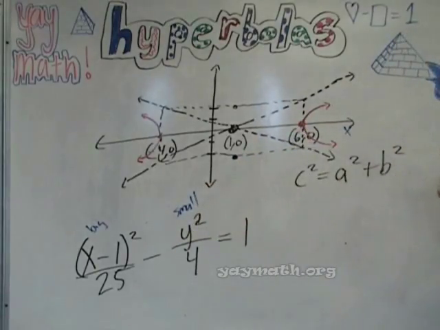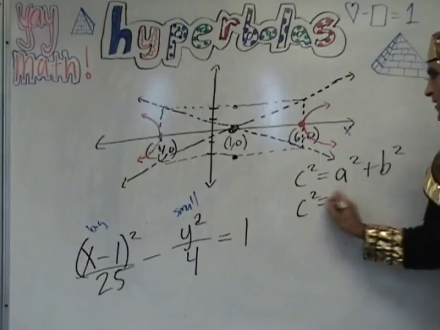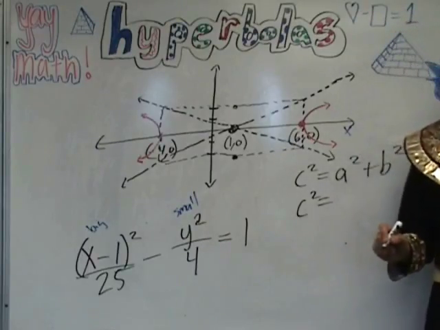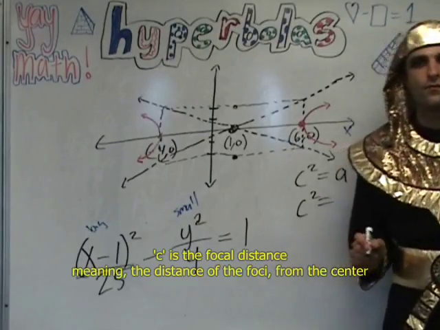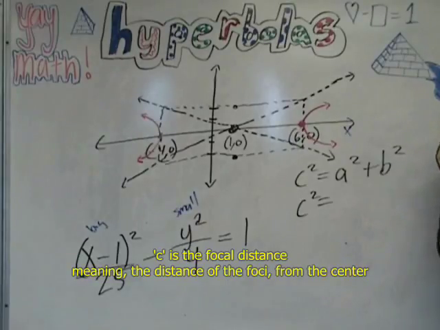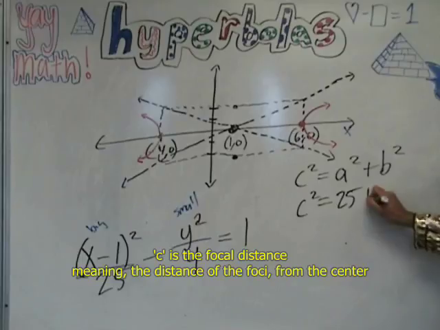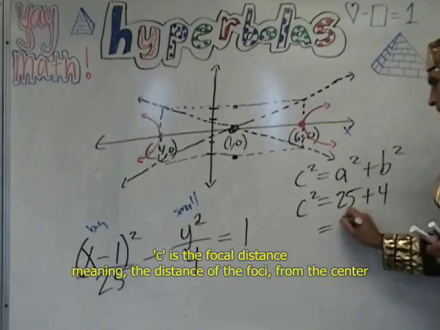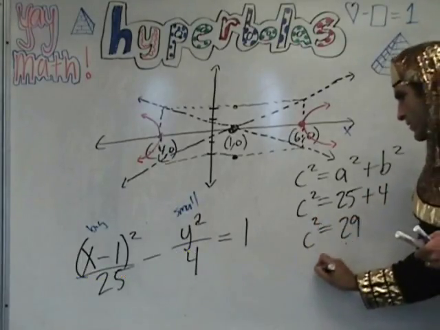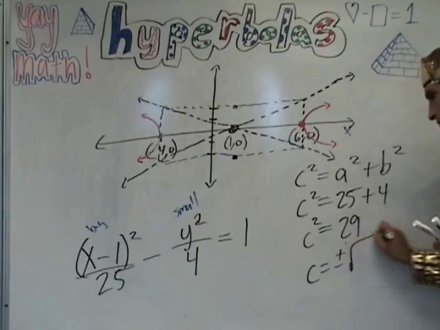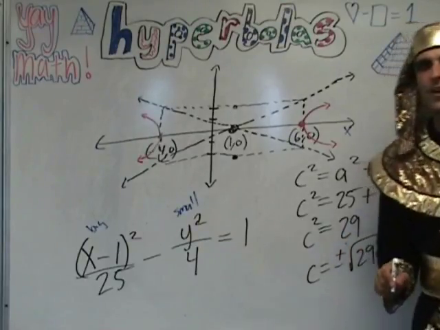C is the focal distance, the distance to the focus. 25 plus 4, 29. C equals plus or minus root 29. Can root 29 simplify? No, it's prime.